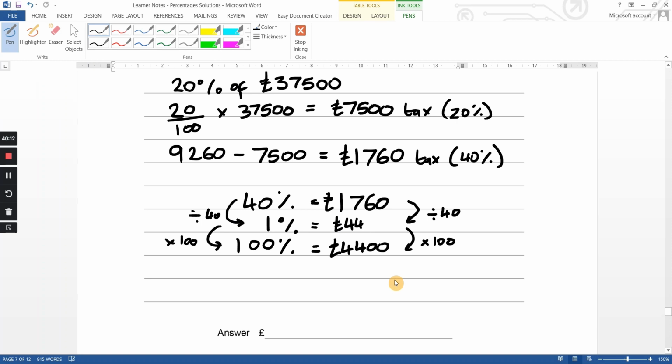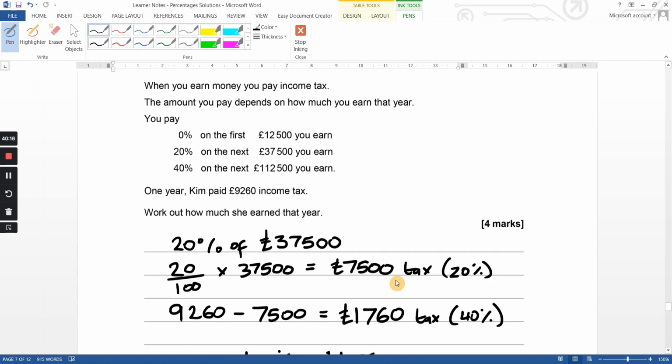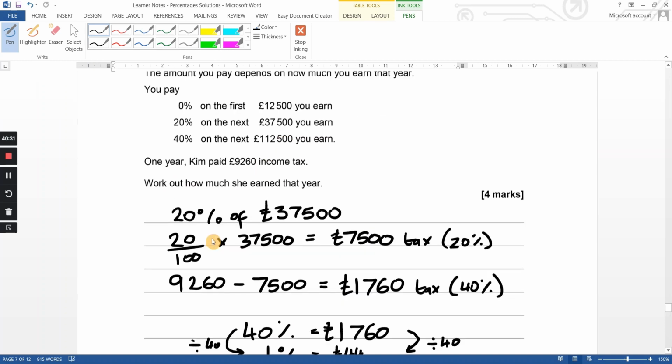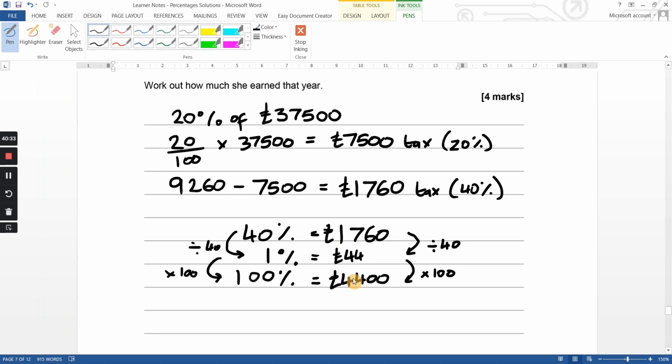Right, so we should have all the amounts now that she got taxed for. She didn't get taxed on the first £12,500, so she definitely earned that much. Then she got taxed 20% on 37,500, so that needs to be added on. And then 40% of this amount right here, £4,400. She got taxed on that.